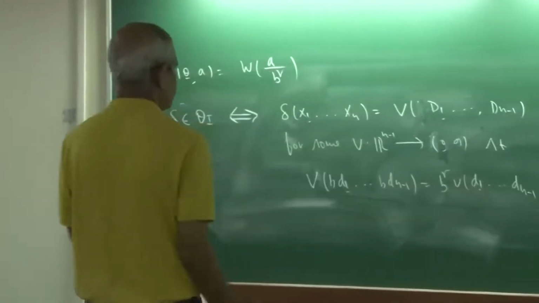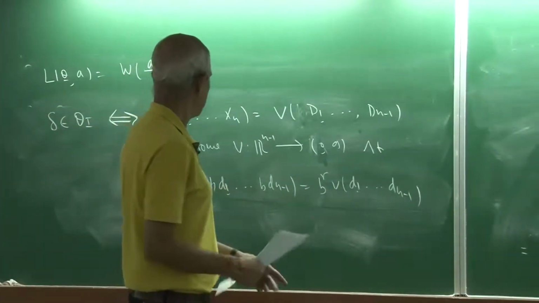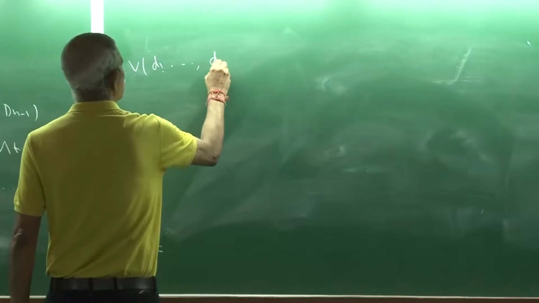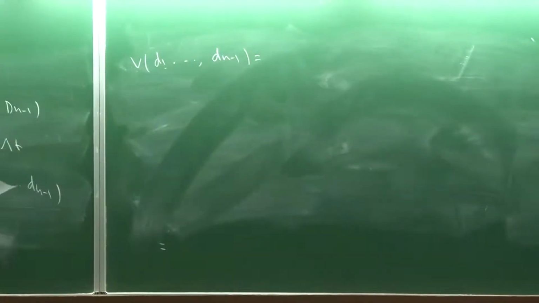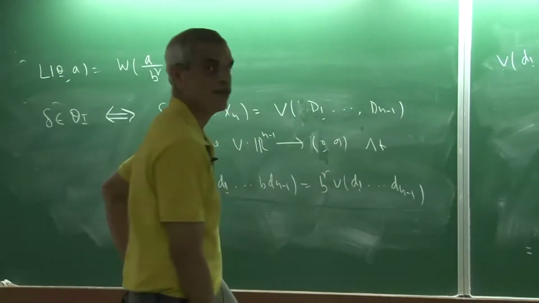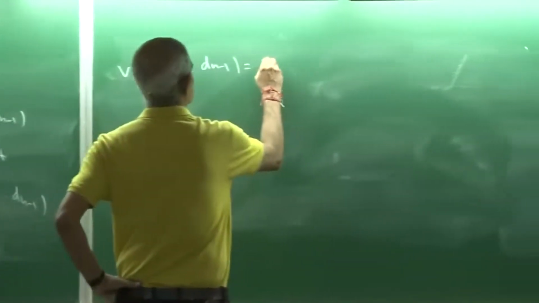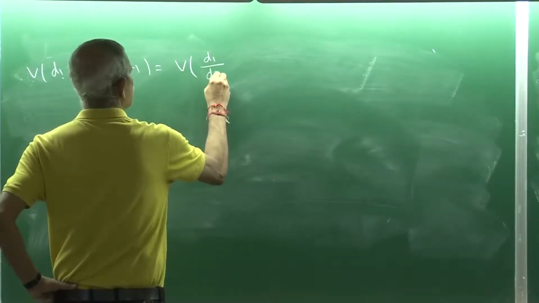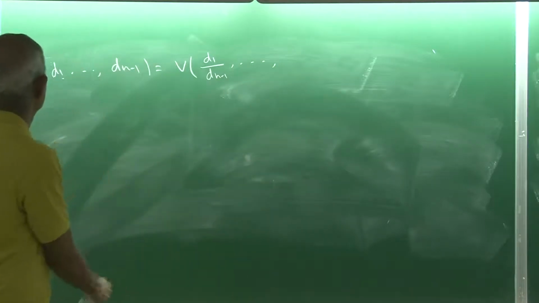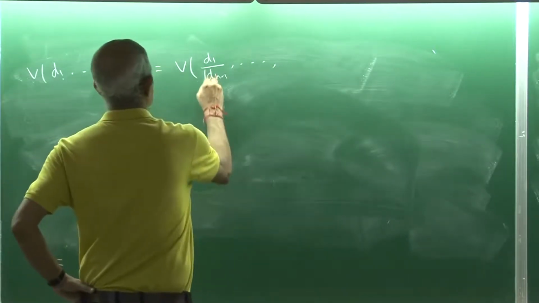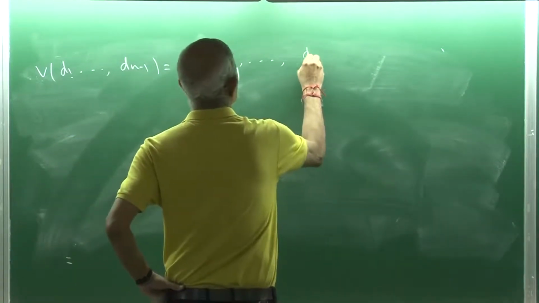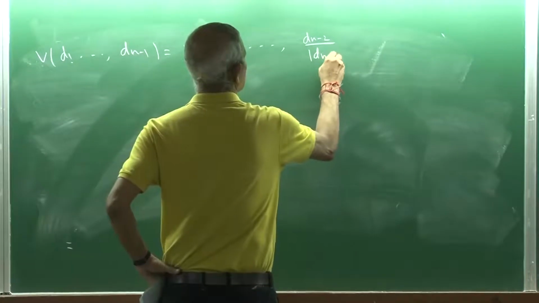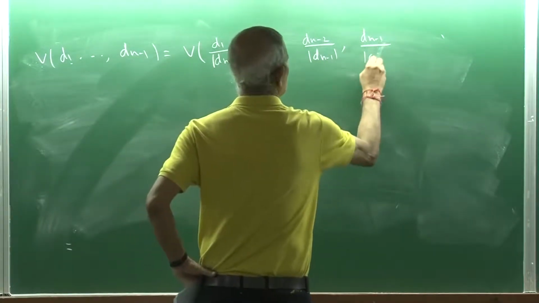In the location case, what we had seen is that V of d1, d2, ..., dn-1 is nothing but, if I take b to be 1 upon mod of dn-1, the same as V of d1 upon mod dn-1, dn-2 divided by mod dn-1, and dn-1 by mod of dn-1.